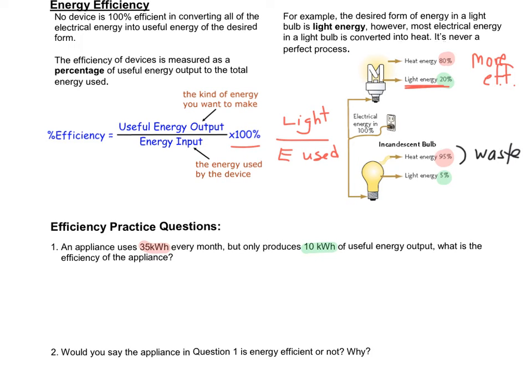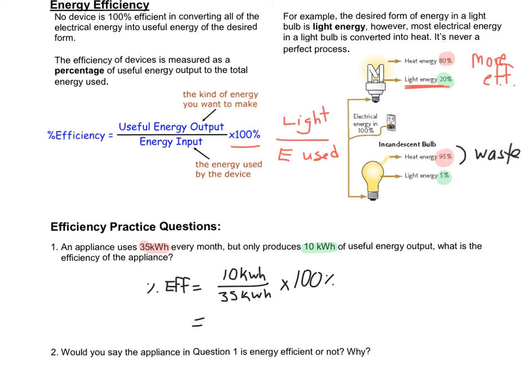So in order to do this calculation, we're going to do percent efficiency is equal to our useful energy, which is 10 kilowatt hours, divided by our total energy, which is 35 kilowatt hours, and we're going to multiply it by 100%.